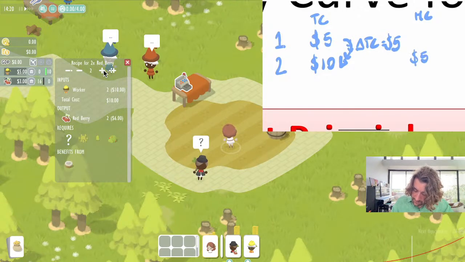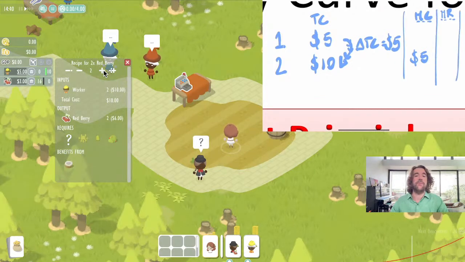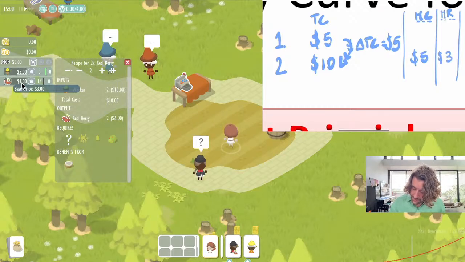And you may want to compare that with the marginal revenue. The marginal revenue, or MR, is defined here as the amount of money you make by selling a red berry. Because the price is fixed, each red berry is $3, so the marginal revenue is going to be $3 no matter how many of them you are selling.